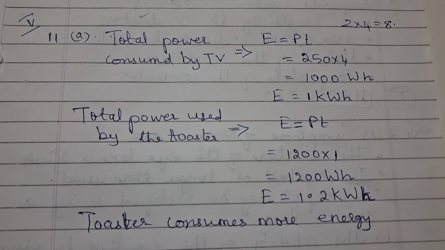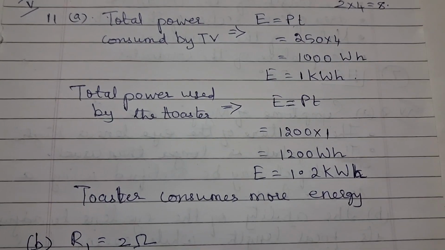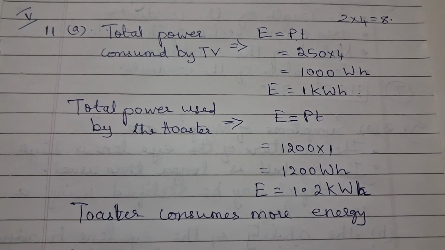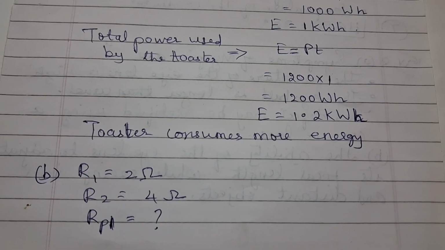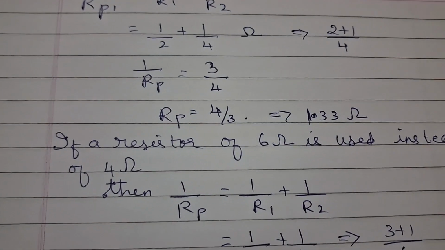5th mark, 11th question, the sum. So it has been done here. The answer is given. B question is also a sum. 11th B continuation.